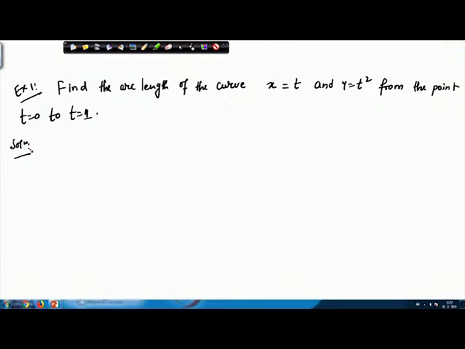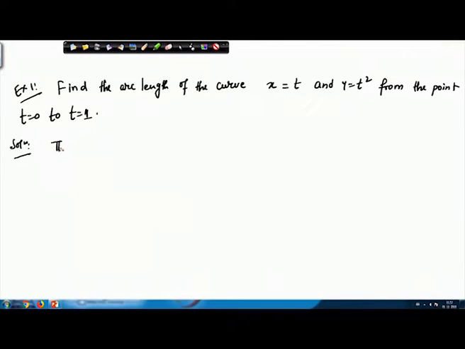If we are already given the curve and the points where we need to do the integration, then we really don't need to draw the curve, because we are provided enough information to calculate the arc length.